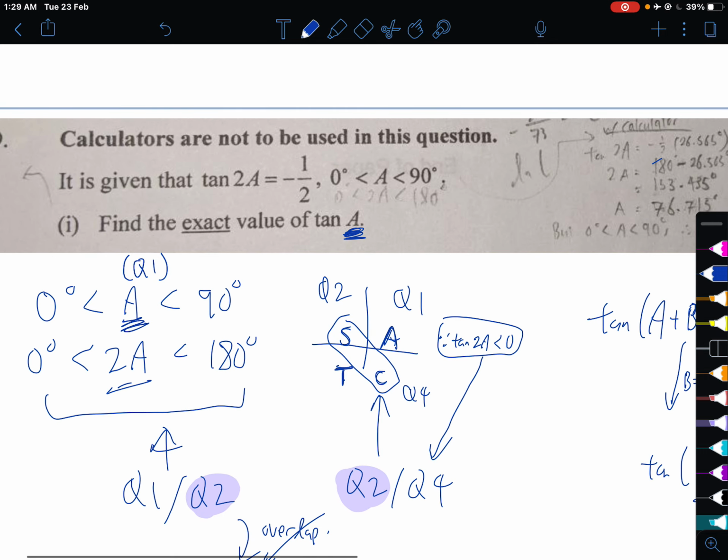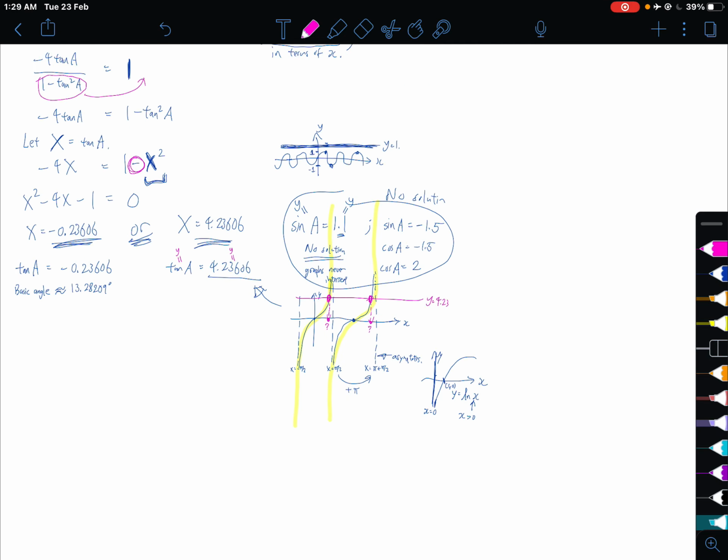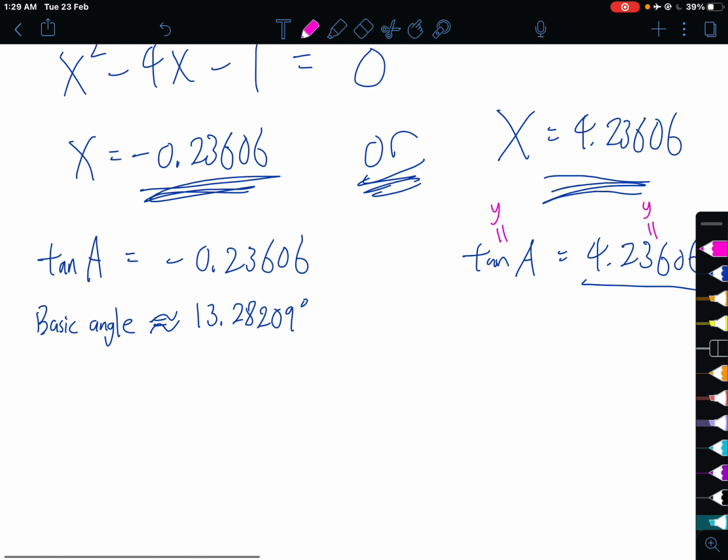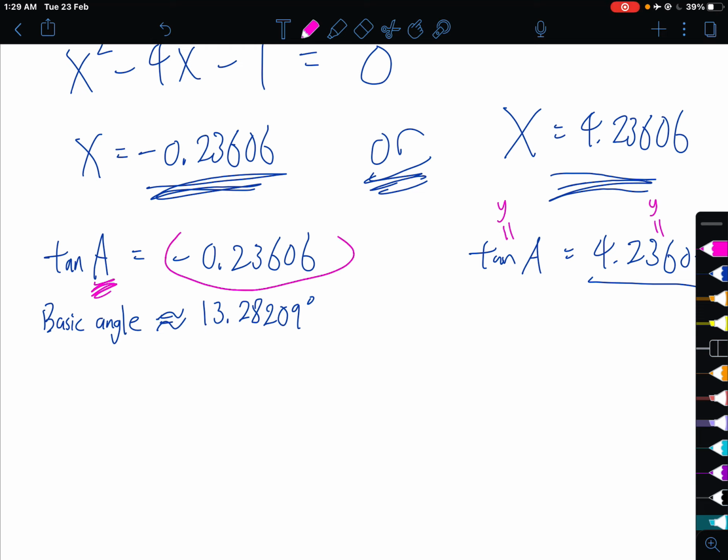Tangent of A, quadrant 1 angle, definitely the sign must be positive, correct? Yes, positive. So look back here. Tangent A is negative. Does that make sense? No. So actually straight away I shouldn't have done this. I should have just checked directly. Reject. No solution.